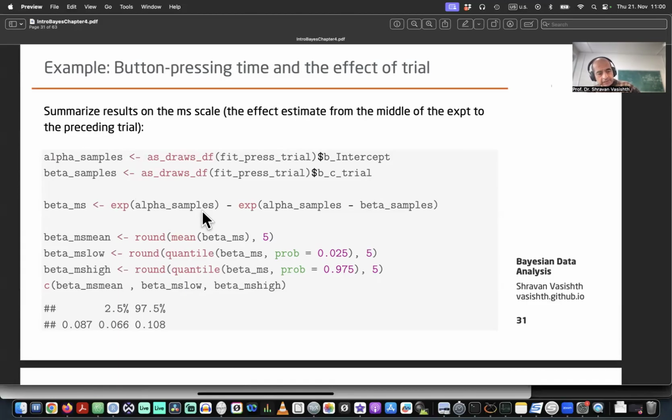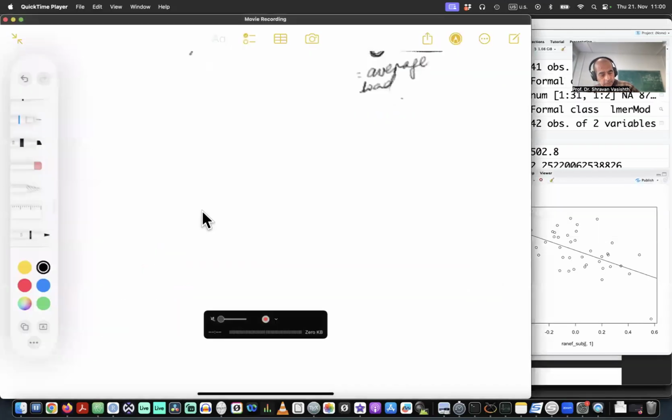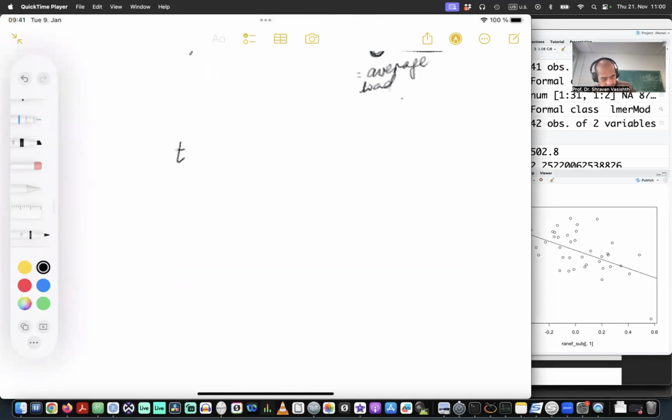So what's going on here is the following. I've got my button pressing times which are on the log scale, right? They're on the log scale. And I've got an intercept alpha, and I've got a slope for the centered trial, right? Now, when the centered trial value is 0, then this whole term disappears, right?